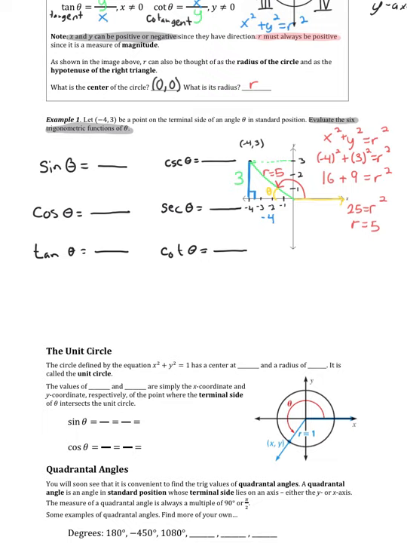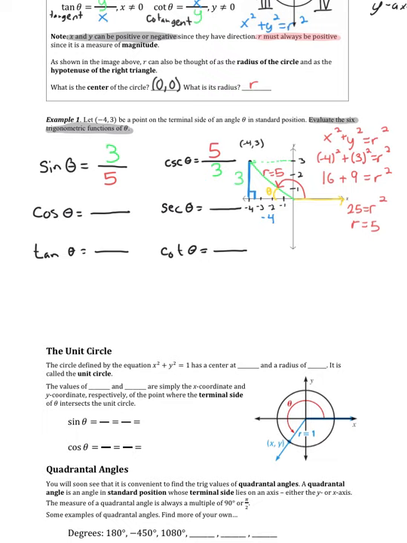I'm going to say sine of that angle theta is opposite over hypotenuse, 3/5. And cosecant is simply the reciprocal of that, hypotenuse over opposite. That's 2 of the 6 trig functions that I need to evaluate. Sine is the y value, the opposite over the hypotenuse, the radius, 3/5.